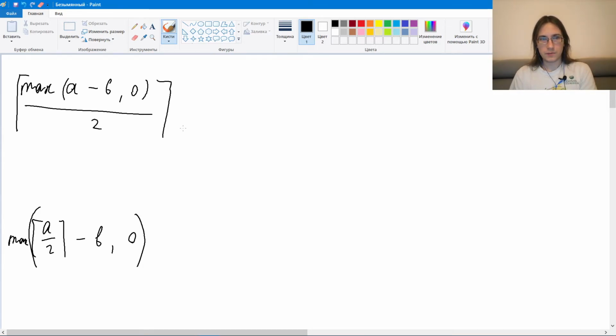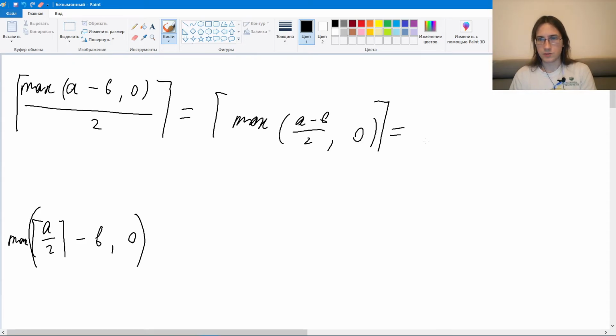Well, let's transform this expression. First of all, this expression, we can put this division by 2 under the parenthesis of max. So it's maximum of (a minus b) over 2 and 0. And we can clearly see that it's the same as writing this, maximum of rounding up of (a minus b) over 2 and 0.